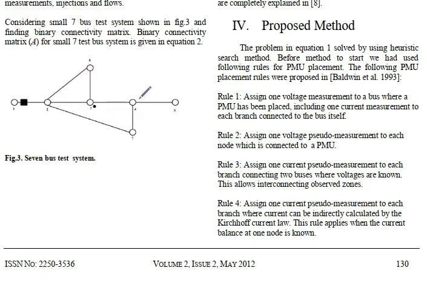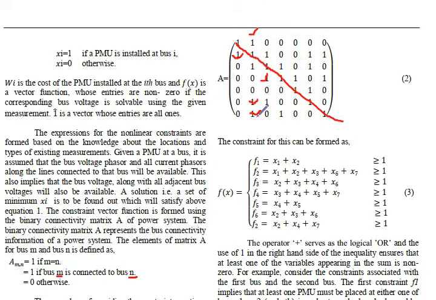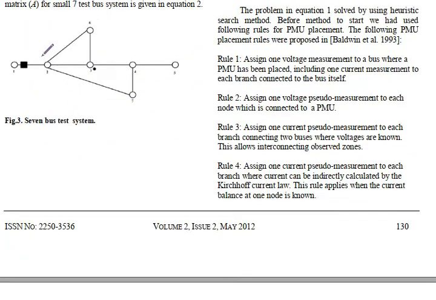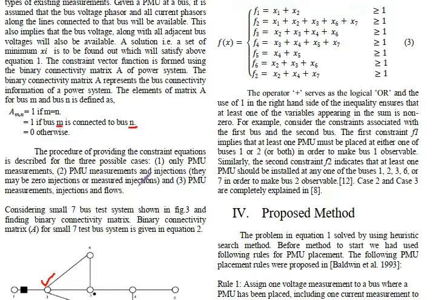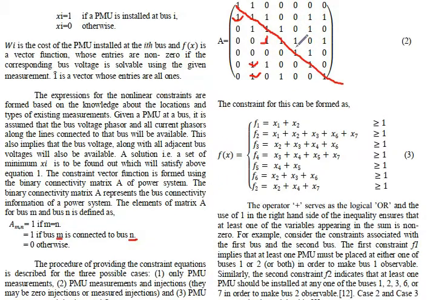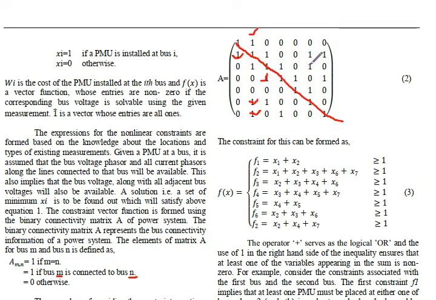The same can be observed here: bus number 2 is connected to bus number 1, bus number 3, bus number 6 and bus number 7. So this is our connectivity matrix. That's very important in this algorithm while minimizing the number of PMUs for the observability of a power system network.